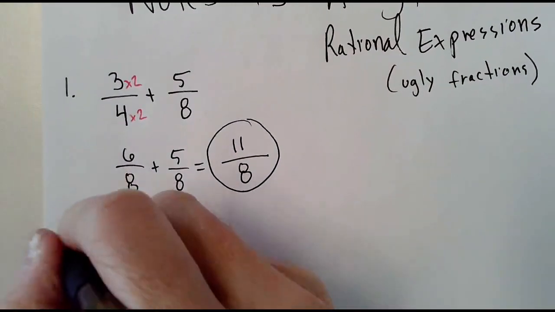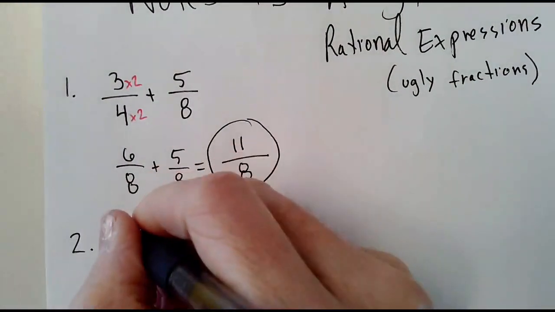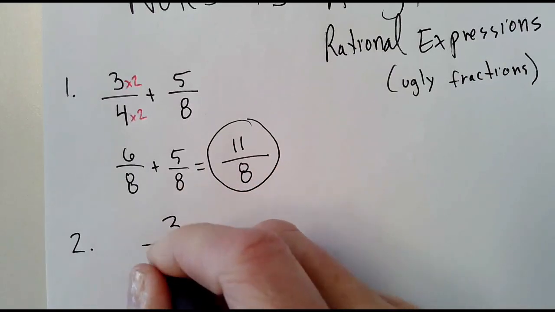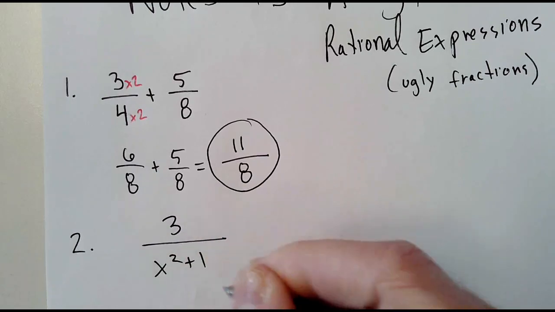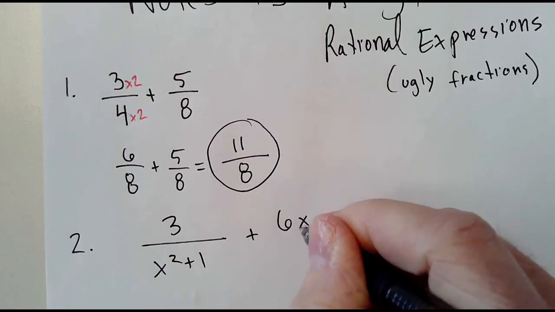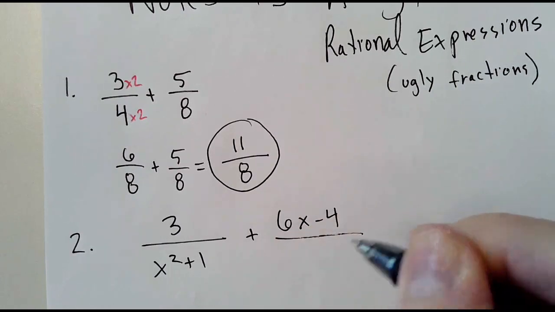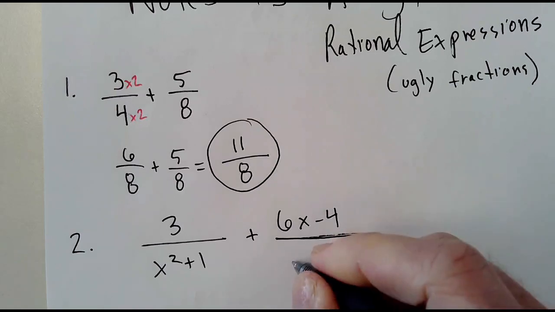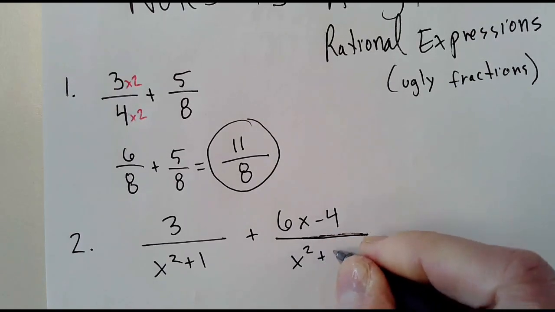But let's do number 2. Number 2, I'm going to throw in some variables. So you got 3/x² plus 1 plus 6x minus 4 over the x² plus 1.